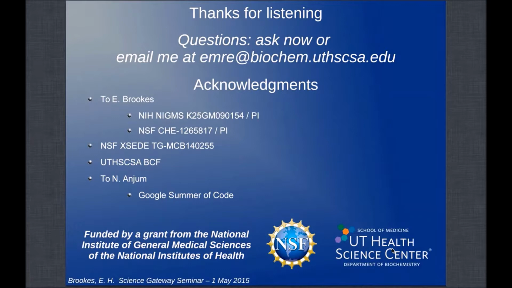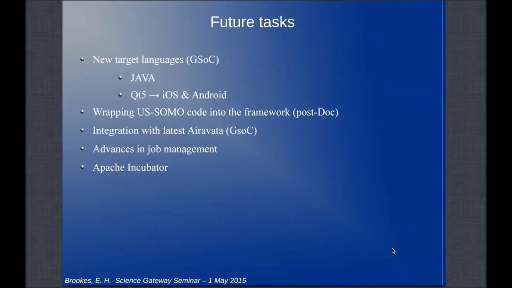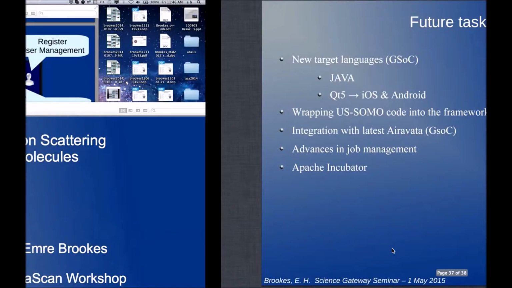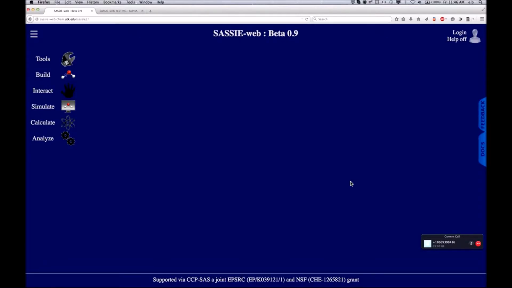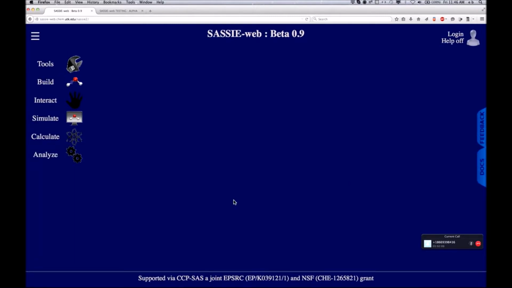I'm going to be working on some advances in job management, in terms of a super user view through the interface to see who's running what and what state their jobs are in. And then also to redo the job management screen to organize it a little bit better. We also want to work towards either Apache Incubator status or potentially becoming part of Airavata. So there's some work that needs to be done to prepare the code for a change like that.